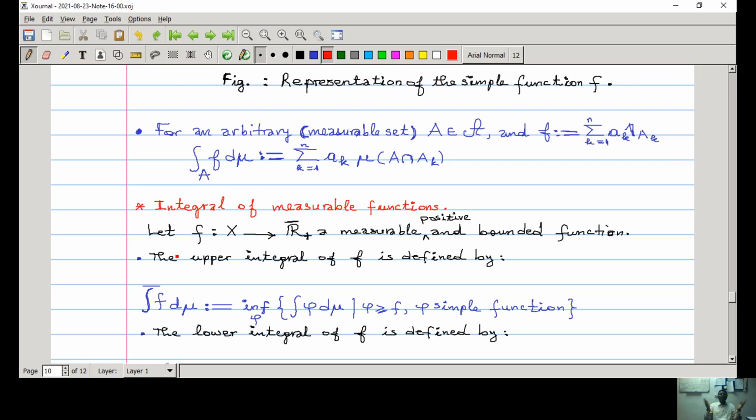It's exactly the same thing that we do in the Riemann integral. Remember that when you want to integrate a function using the Riemann integral, it can be a continuous function or a bounded function, and you approximate that function using piecewise constant functions.